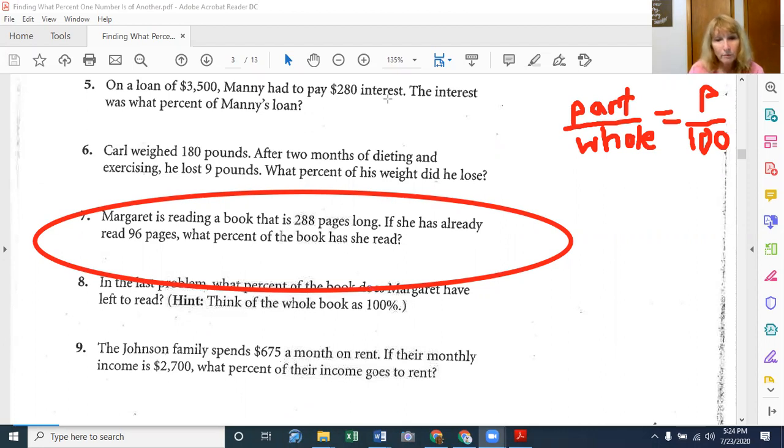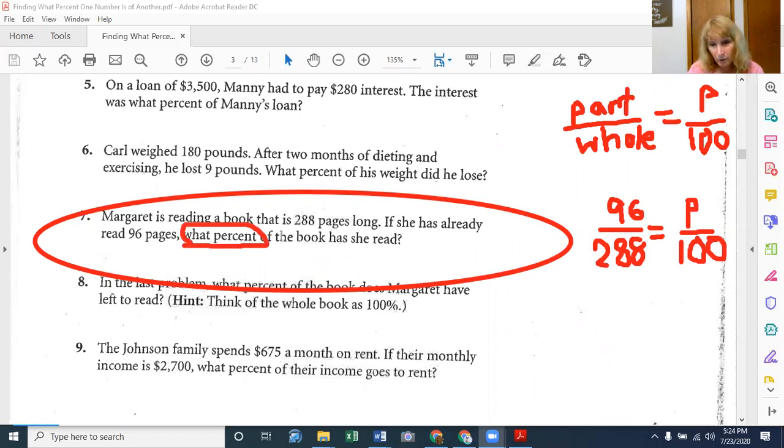Okay, what's your part? What's your whole? Your part is 96. Your whole is all the pages in the book, 288, they're telling us. And that's equal to P for percent over 100, because the question is asking us for percent.